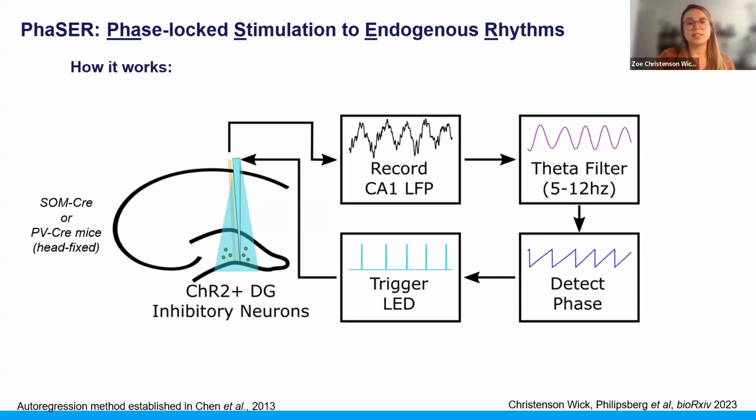And what's really key here is that we need to do all of this with very low latency, since what we'd like to do is manipulate the spike timing relative to the ongoing real-time endogenous oscillation in a relatively precise manner. So for those interested, the round trip latency of our system right now is about 3 milliseconds. And for reference, a theta cycle is around 120 milliseconds.